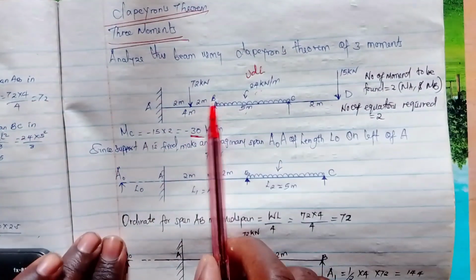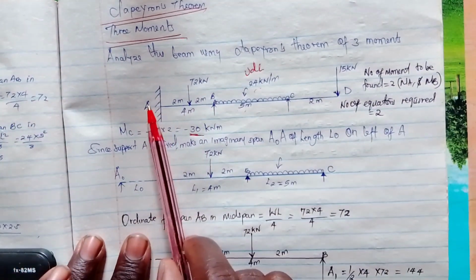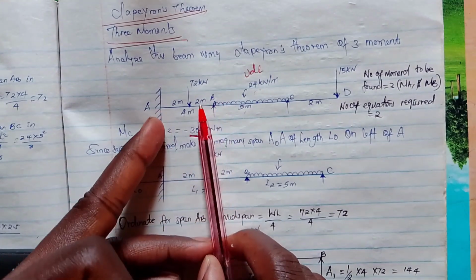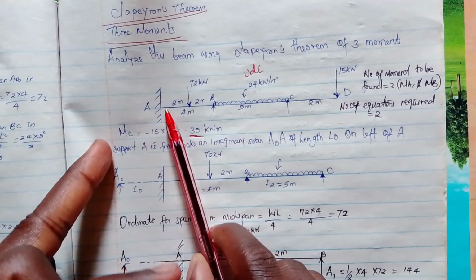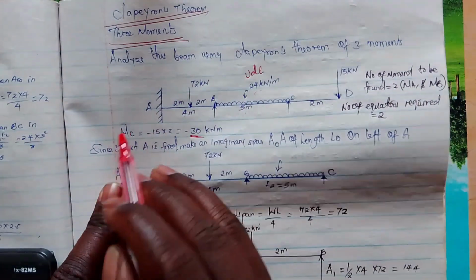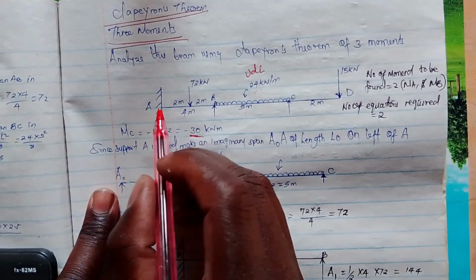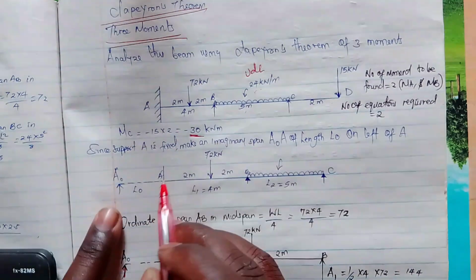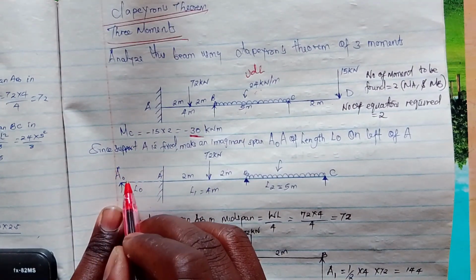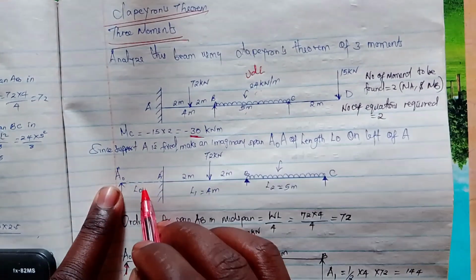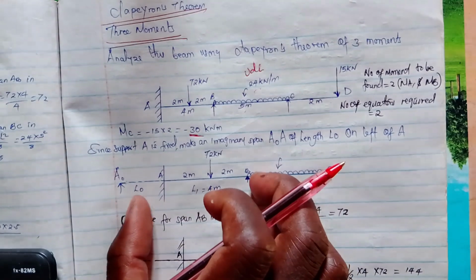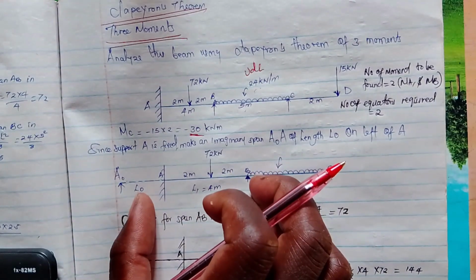Okay, so the first thing, we isolate this part AB, and when you find that one side of the beam is fixed, the first thing you do is form an imaginary span here, A naught A, which will help you find the first equation.